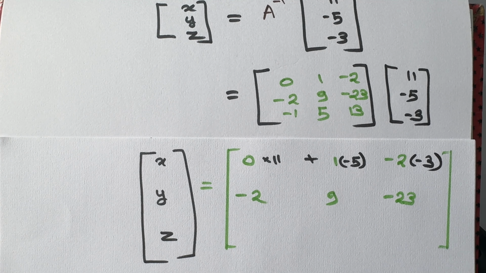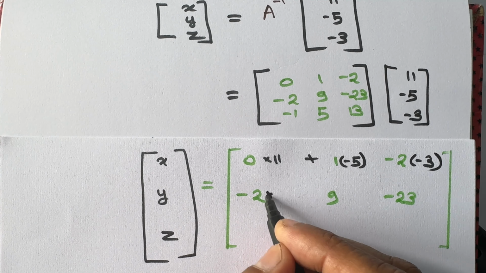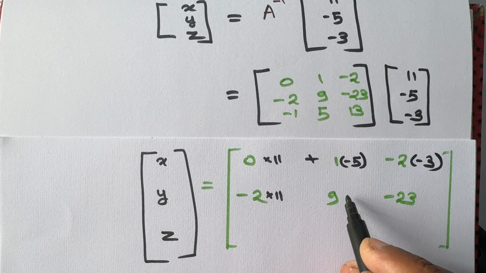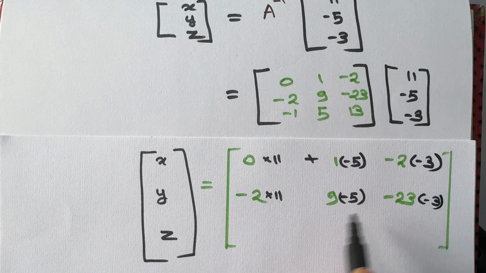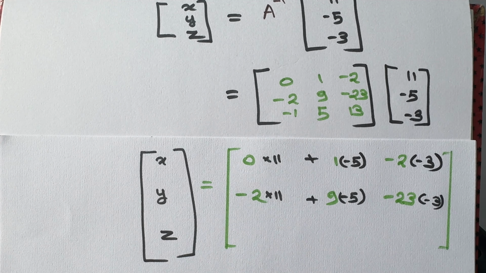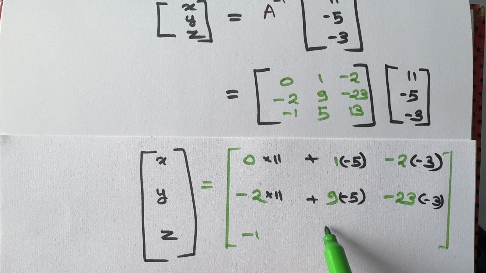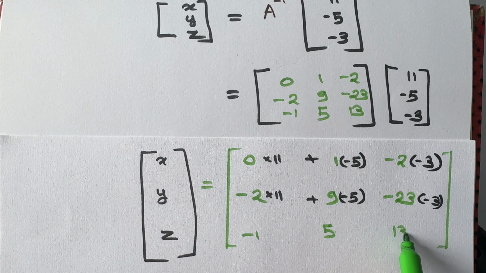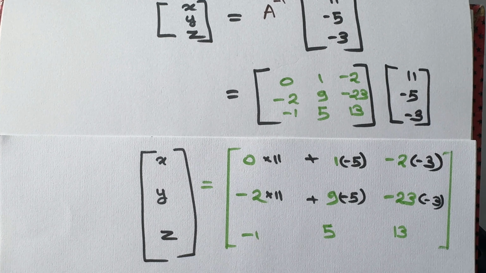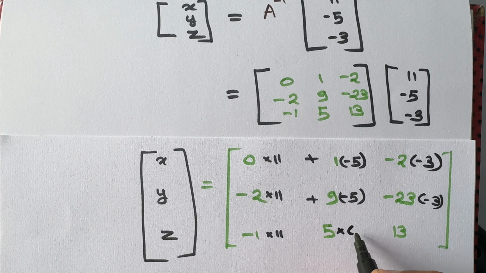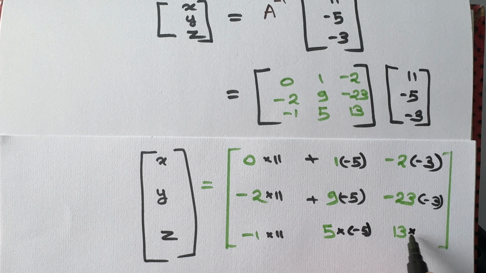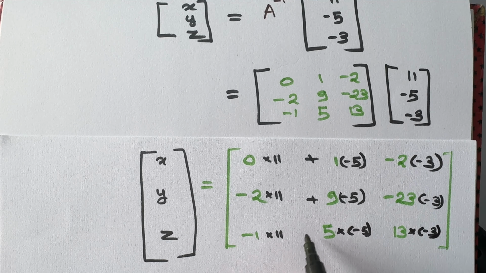Multiply it to the first column, 11, minus 5, minus 3. Lastly, we got third row, minus 1, 5, 13. Multiply it with the first column, 11, minus 5, minus 3.